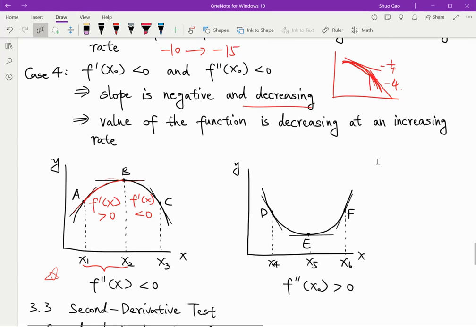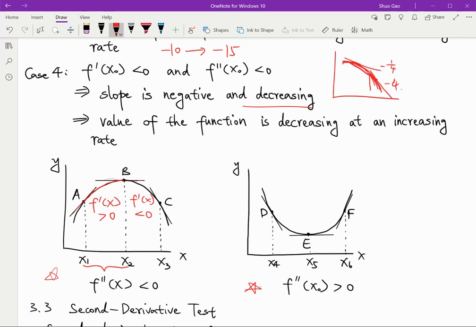Okay, and then for the second graph, the second derivative is always a positive number. Because from point D to point E, the slope changes from a very negative number to almost 0.